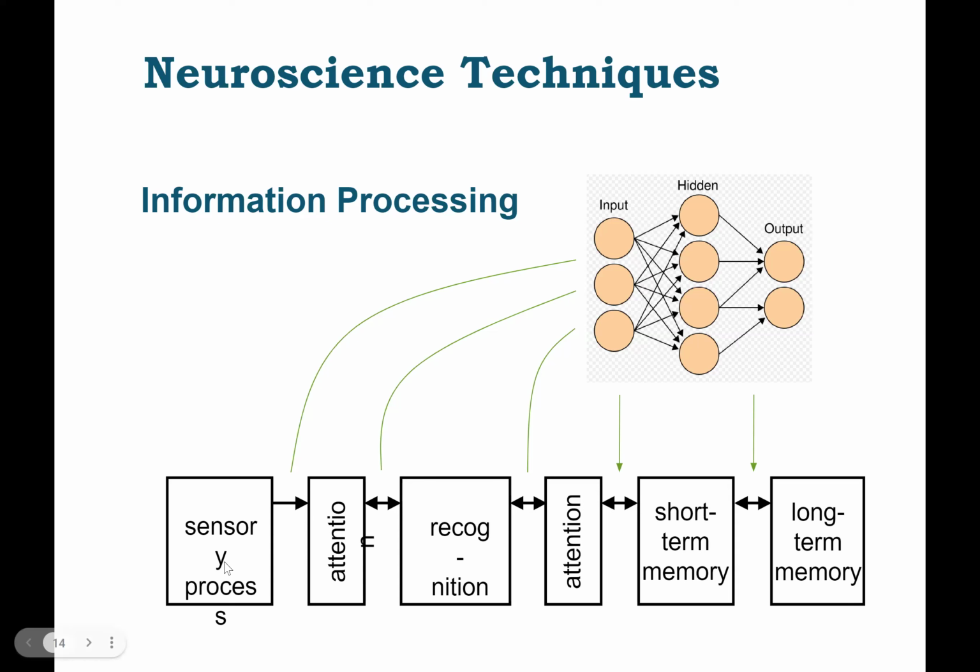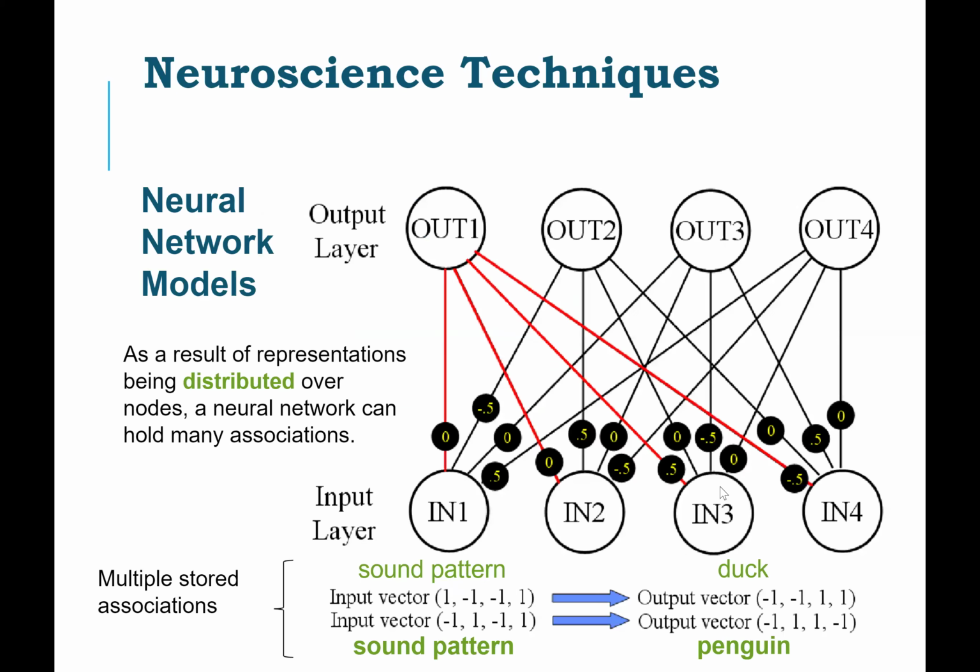You have sensory processing, you have attention, so you attend to something, you recognize it, you could put it in your short-term memory, you could put it in your long-term memory, and you could imagine somewhat this sort of cascade, not exactly, but this cascade could map onto a neural network, where in initial layers you're processing certain inputs, then you're processing them differently, and then processing them differently.